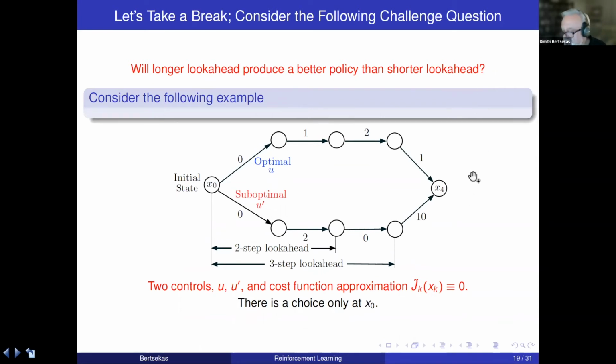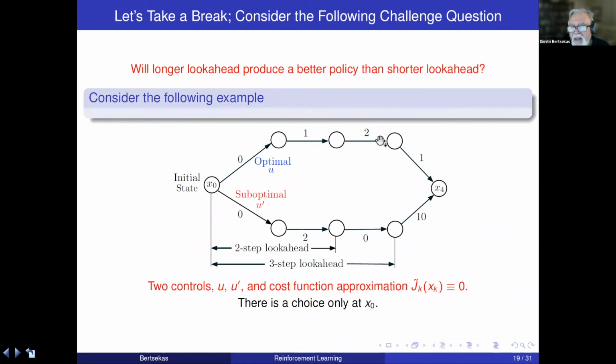So I want you in the next 15 minutes of the break, if you wish, to look at this question involving this simple problem. This is a problem involving an initial state, 4 stages. However, there is a choice only at the first stage. In the first stage, you either choose between this branch or that branch.